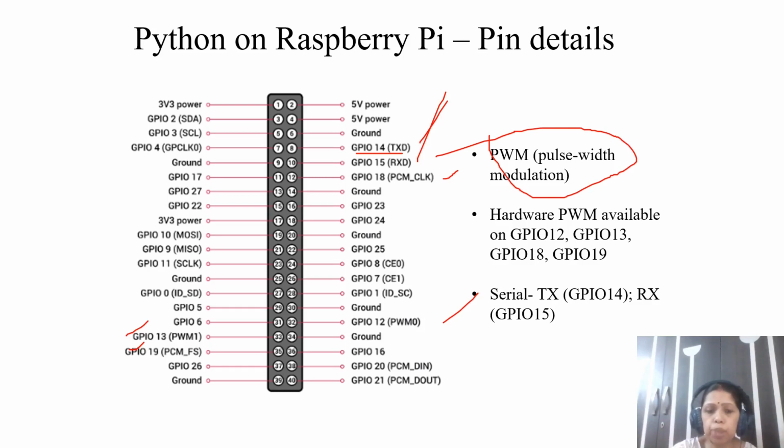Normally PWM pins are important, and for other pins you can connect any source that acts as a digital write or digital read. Apart from that, these two are normally used for serial communication. And some pins are associated with the 3.3 volt power supply, 5 volt power supply, and the ground power supply.